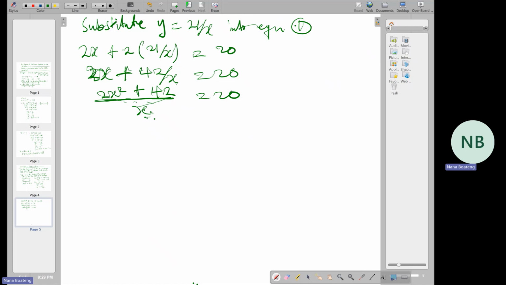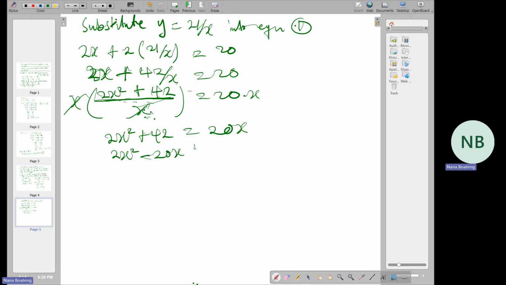Okay, so now we can multiply both sides by x. If we multiply the left also by x, this x divides this x, so we have 2x squared plus 42 is equal to 20x. So this is a quadratic equation, and we can write it in standard form, which becomes 2x squared minus 20x plus 42 is equal to 0.